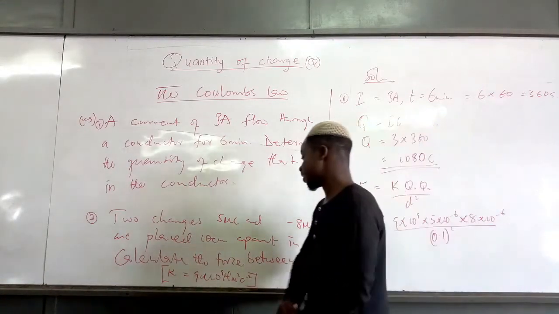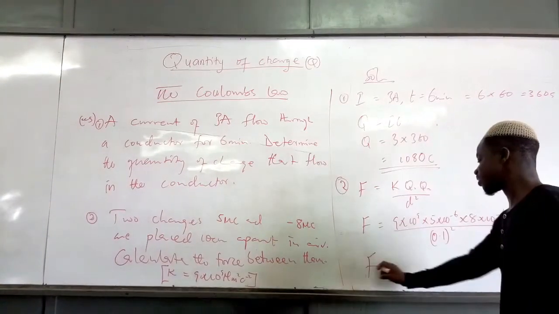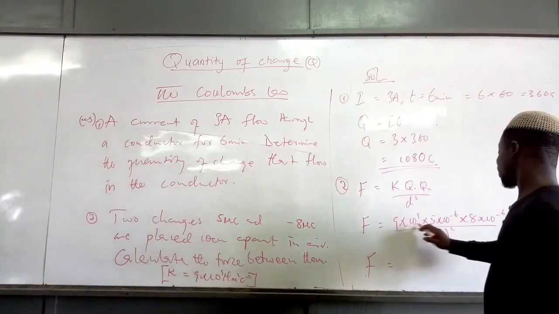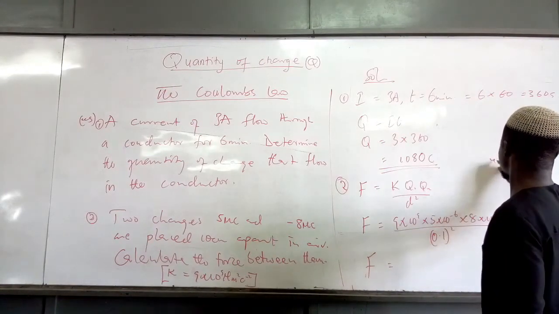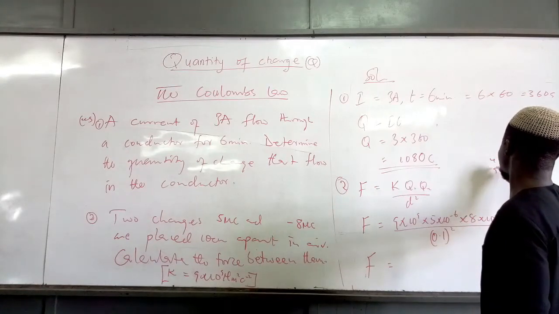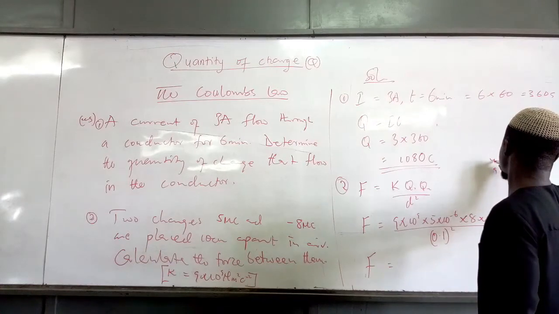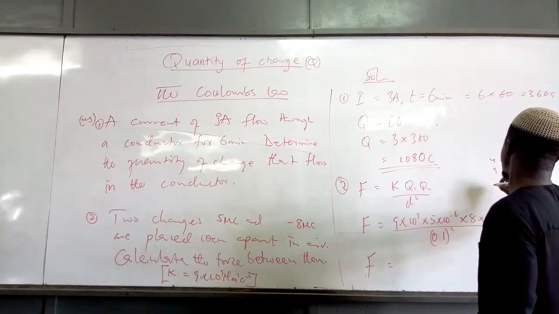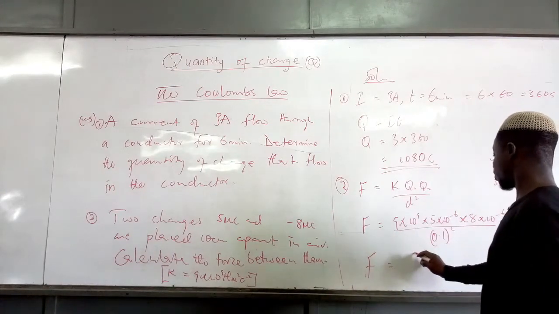We convert the 10 centimeters to meters, then we use it. So that will give us F is equal to 40 times 9, which is 360.